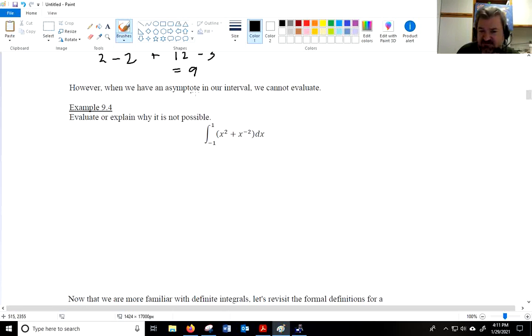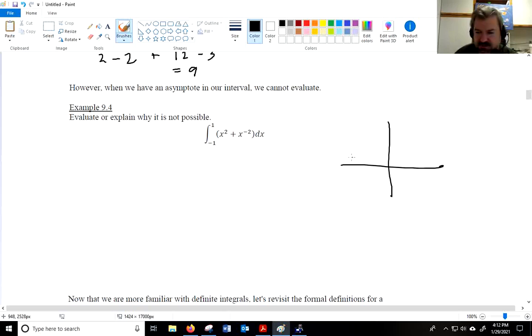However, when we have an asymptote in our interval, we absolutely cannot do it. So this function here, x squared plus x to the -2, if you try and plug in 0, you would get a number going to infinity from the left and right.